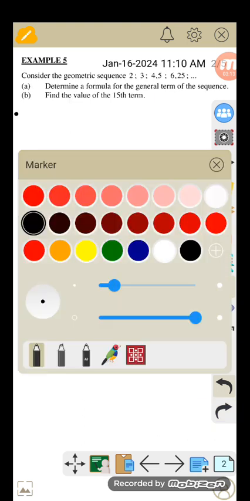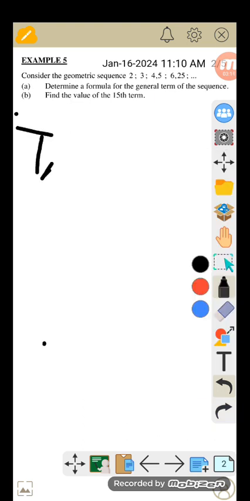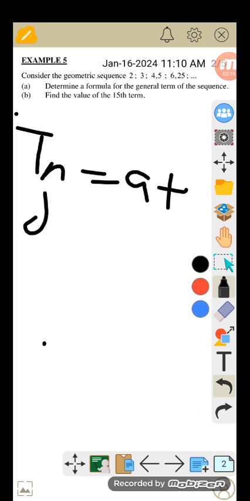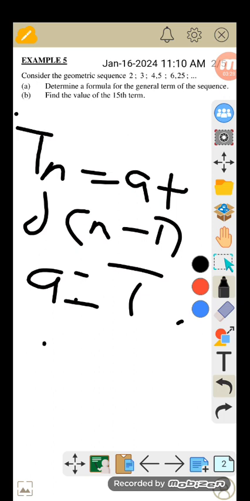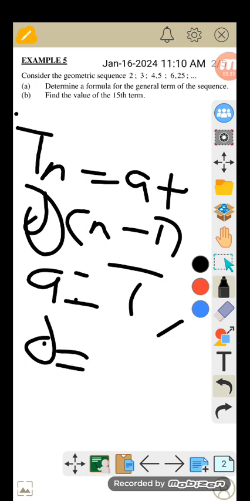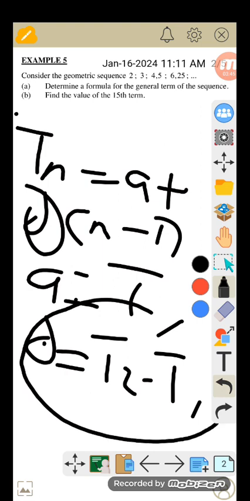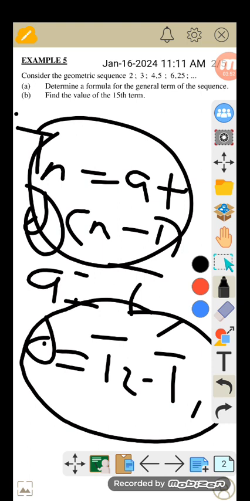We know that our formula for an arithmetic sequence is Tn equals A plus D into n minus 1, right? Our first term A is T1. But for D, which is the common difference, you must use this formula, which is T2 minus T1. After you find your common difference, you can plug it into this equation and find your general term. Just like that, guys.